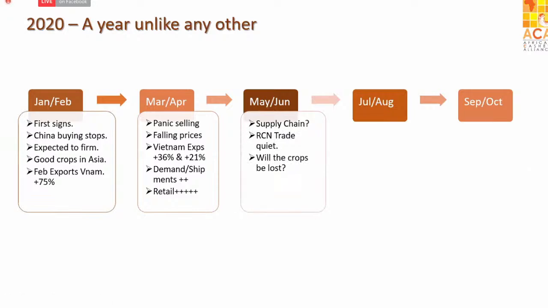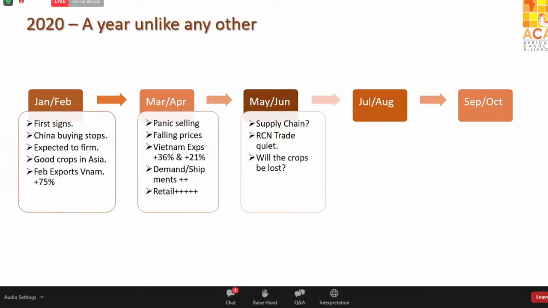We started to get more and more concerned about the supply chain impact, how it would be organized, that in actual fact, the impact of the pandemic on the market would not be a crisis of demand. It would in fact be a crisis of supply. And questions started to be asked about, would the crops be harvested in West Africa? Would the crops be harvested in India?